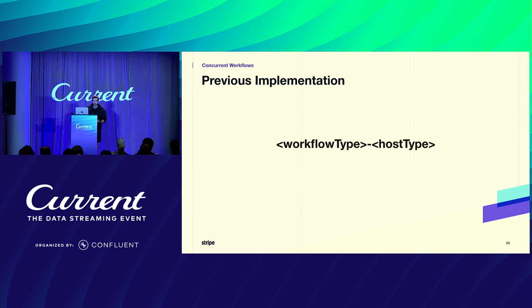So what we would do is we would name our workflows with just two fields, the workflow type and the host type. So for example, for all of our replace broker workflows that would replace a broker that belonged to the Kafka pub host type, we would call it replace broker Kafka pub.